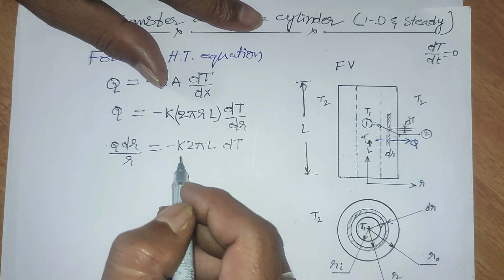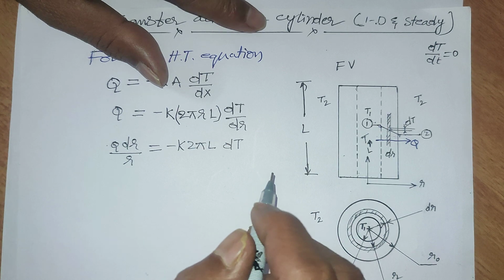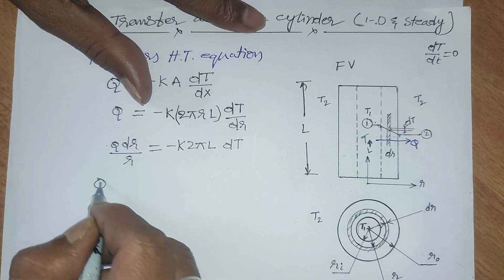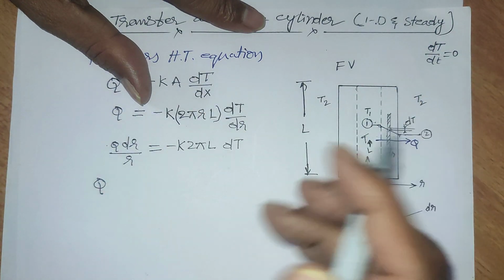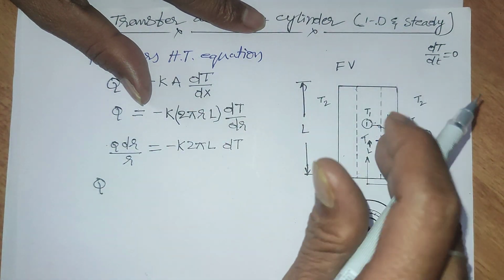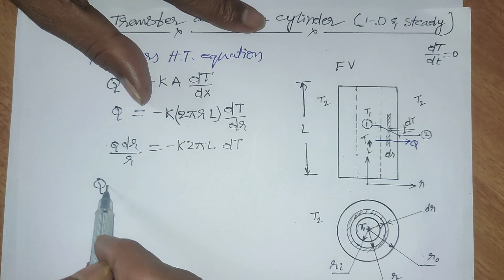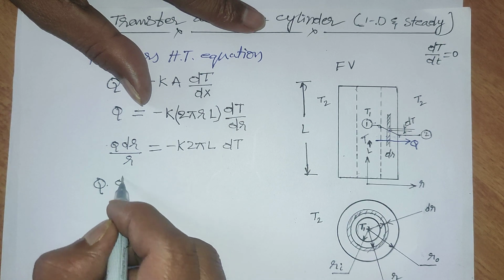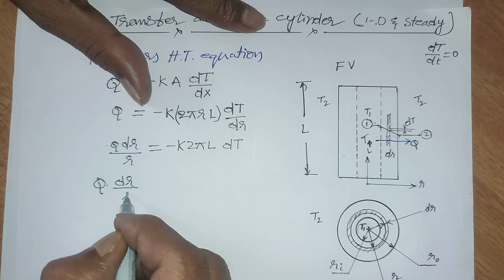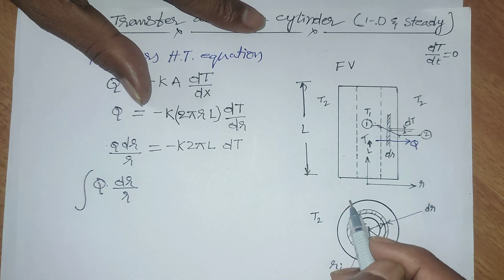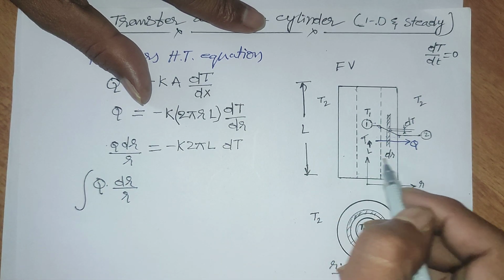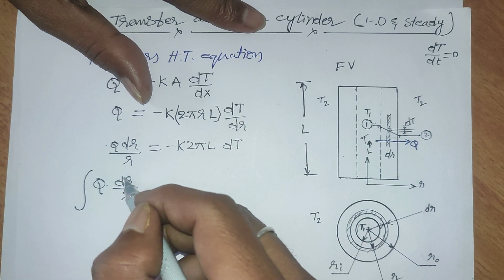Integrate both sides by applying the limits. So heat transfer is constant, right? We are transferring heat or dissipating heat from inner to outer into this dr divided by r integration. Integration limits, radius is varying with respect to r.